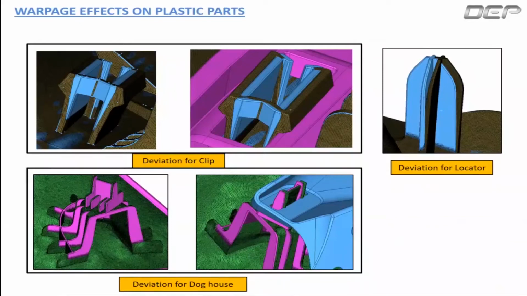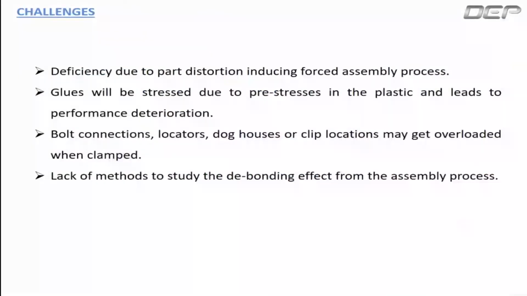Now let's look into the challenges which we currently face when we incur these warpage issues. First one, the part distortion, which is going to add a lot of additional force into the assembly process.